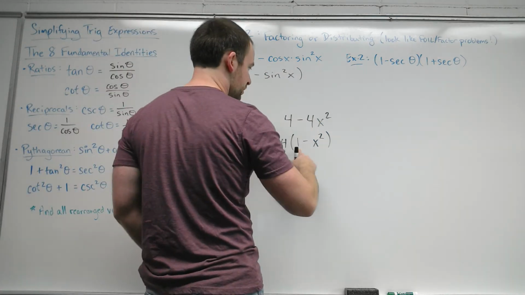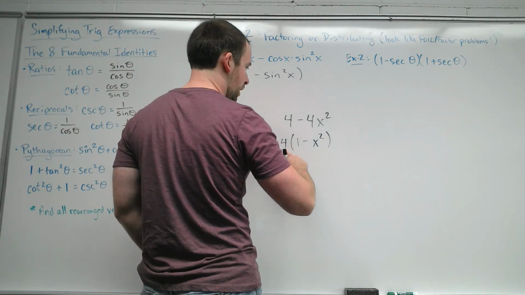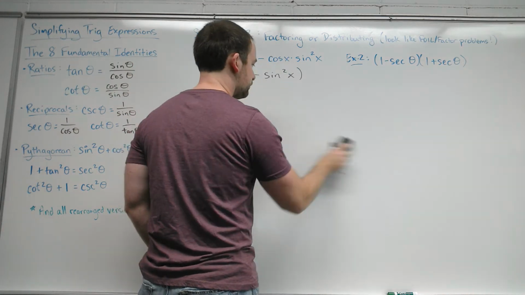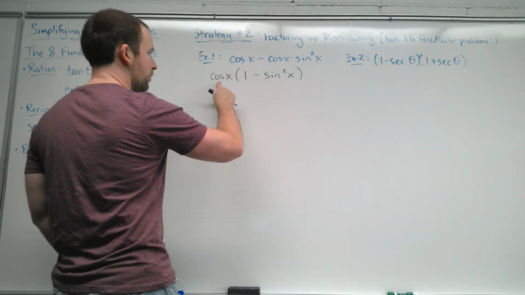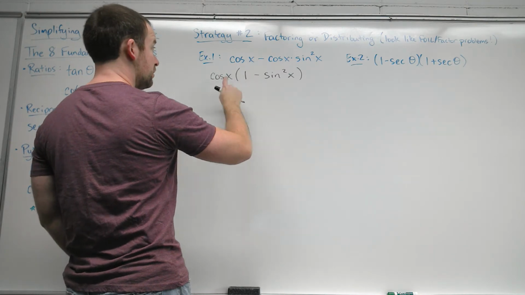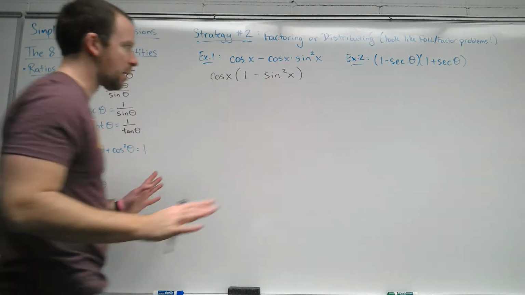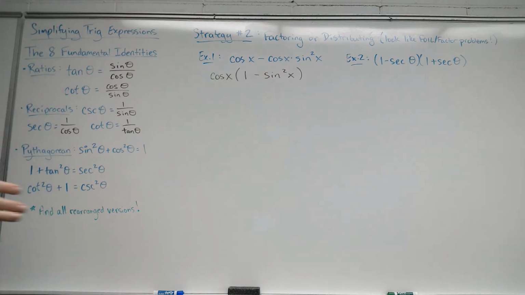If I distribute this, 4 minus 4x squared, yep, worked. Same thing here. If I distribute the cosine, I get cosine minus cosine times sine squared. So same process. It's kind of cool if you can start to match those up and see how those two things are related.